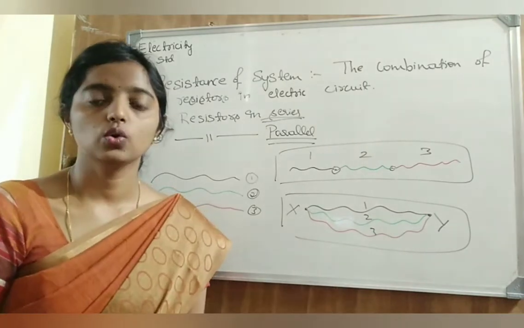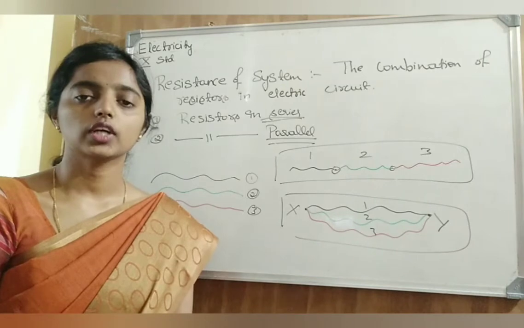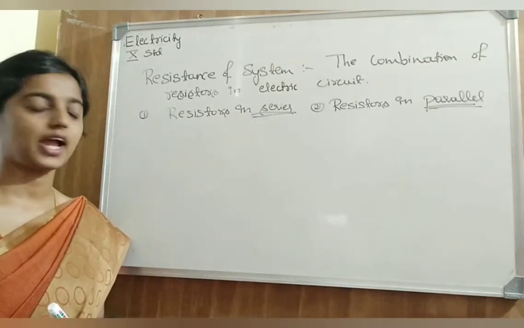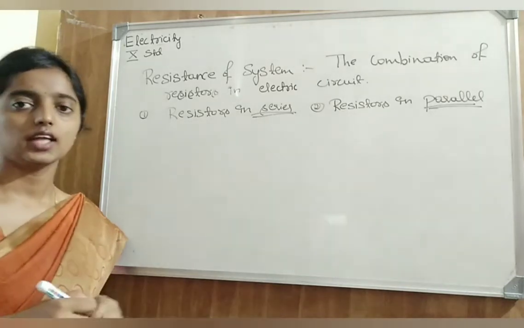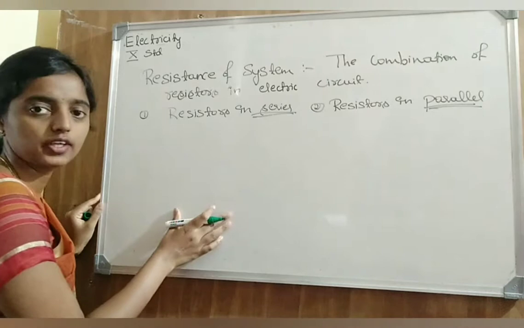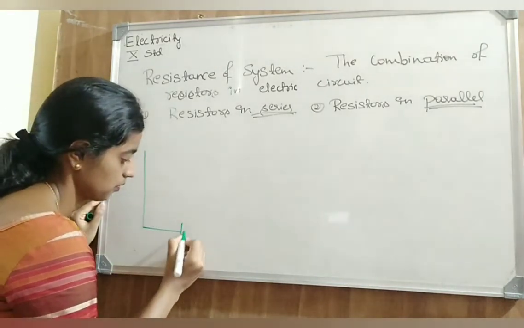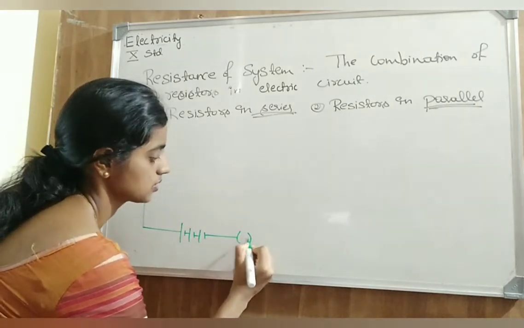Now let us take a look at how resistors in series and parallel look in a circuit diagram. Let us draw a simple circuit diagram where a battery, plug key and ammeter exist. We'll just join the resistors. This is the plug key.